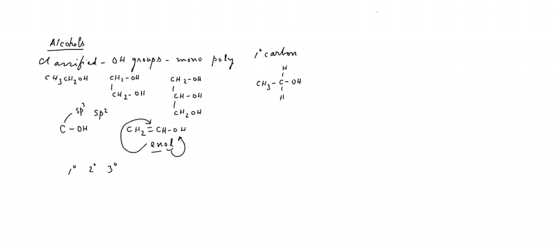Similarly, suppose I write an unsaturated compound. See here, this carbon is a primary carbon. Similarly, C6H5-CH2OH. This is a primary carbon.